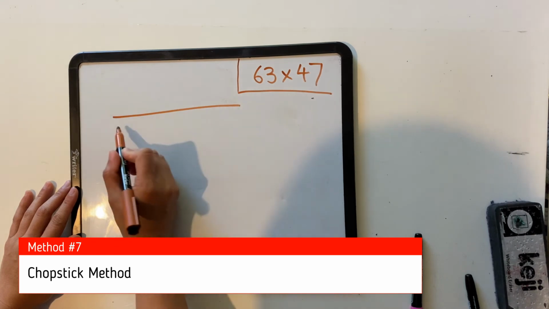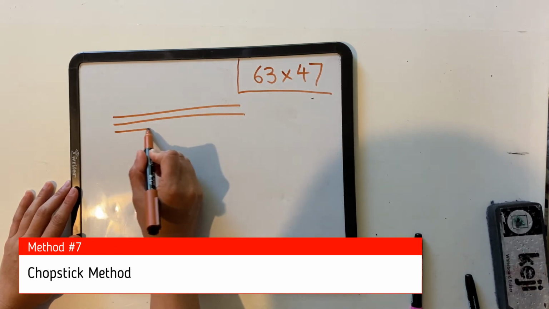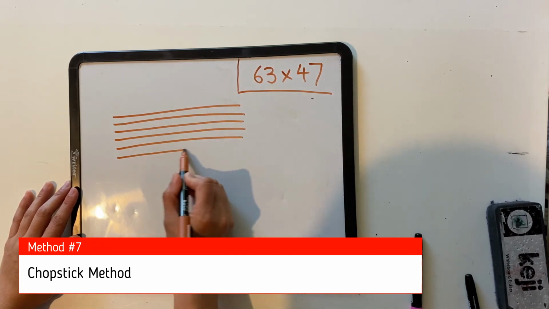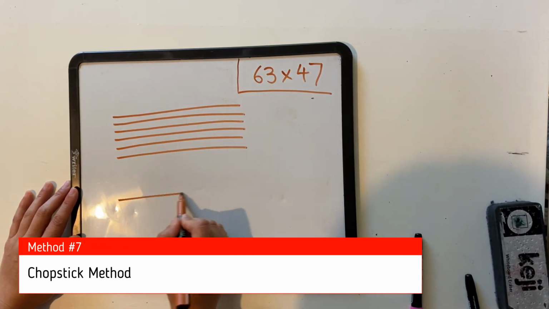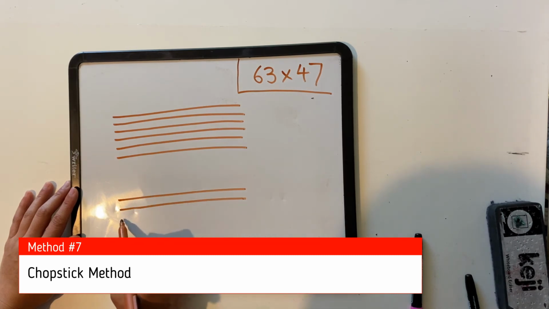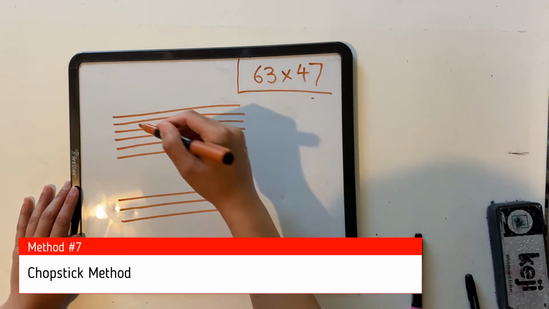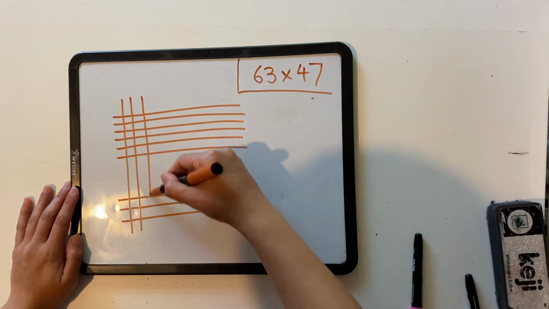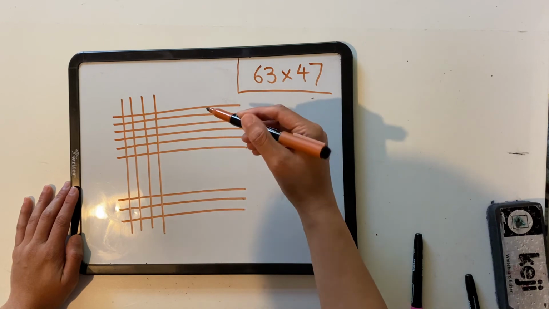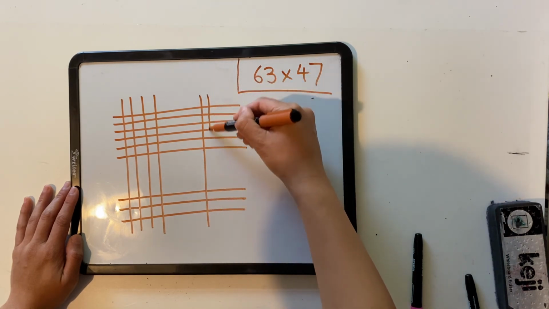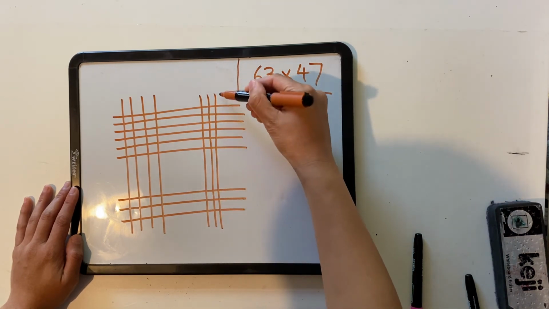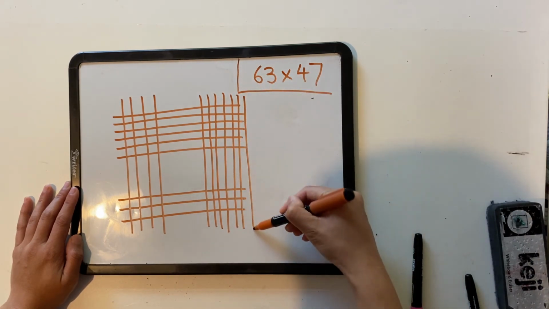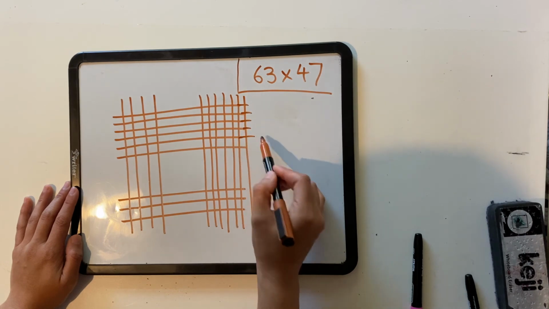So for 63, you're doing 1, 2, 3, 4, 5, 6, and then 1, 2, 3, and then 47, you go 1, 2, 3, 4, and then 1, 2, 3, 4, 5, 6, 7, and these are not quite long enough. Add a little bit there.